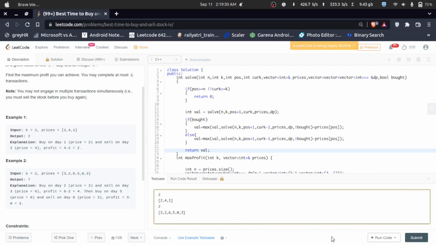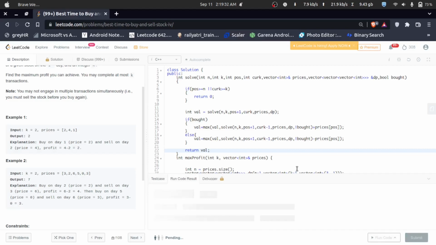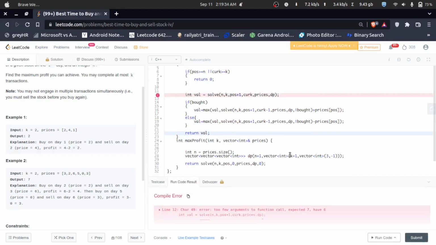And 2, it's giving me, okay, I forgot to send that, okay, the bot will be sent.